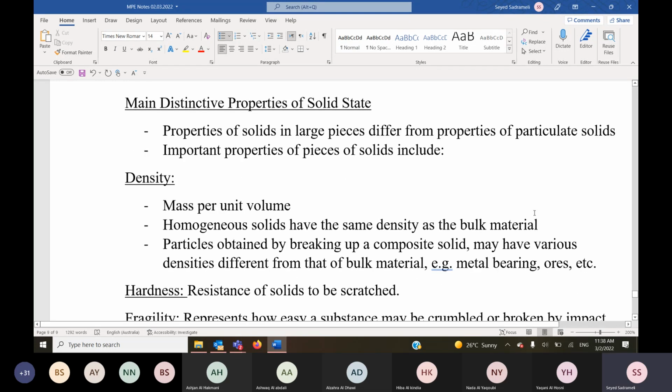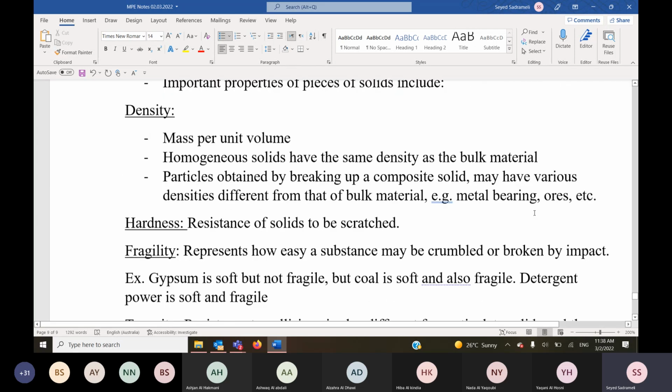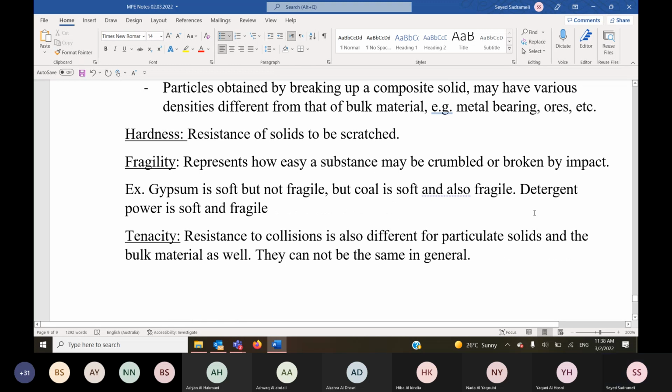Okay, so there are some characteristics or properties of the solid state. Some of the important ones are density, hardness, fragility, and tenacity.